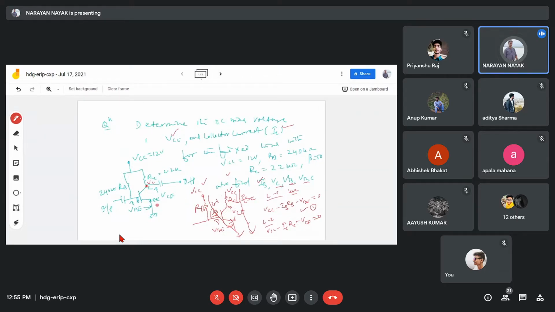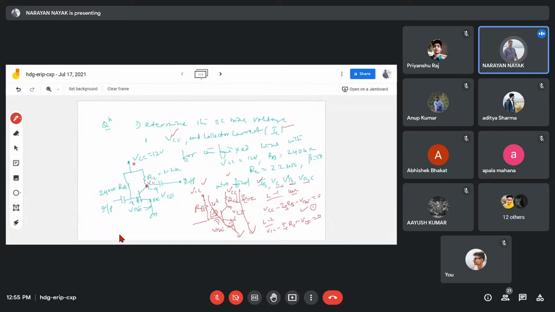It is very simple. I have already told you how to calculate. If you are using the KVL loop, KVL means the total summation of voltage is 0. From where you start, VCC minus IB into RB, that is the voltage drop across the resistor, minus base emitter voltage. So this is one loop.